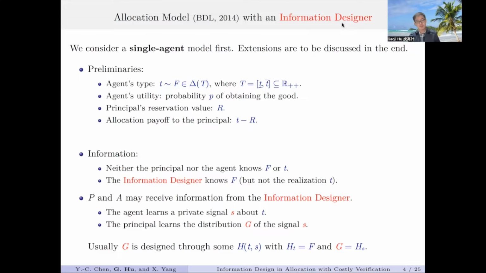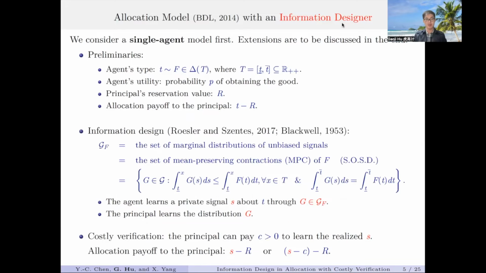Okay, so actually we can simplify the information design problem according to the results of Rothschild, Stiglitz, and of course Blackwell. So what can the information designer choose? The information designer can choose from the set of marginal distributions of unbiased signals. We denote that set by G_F. Okay?